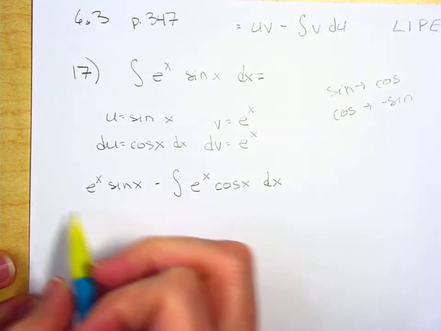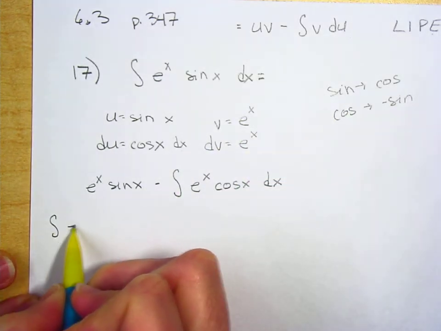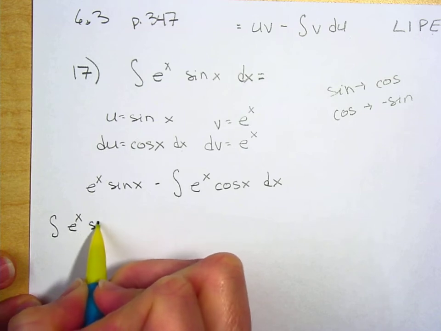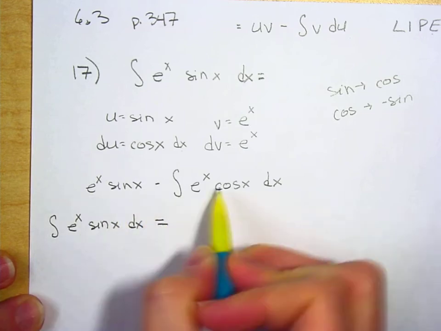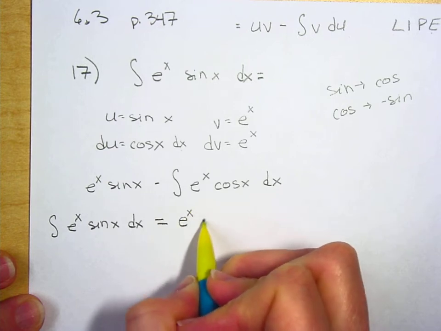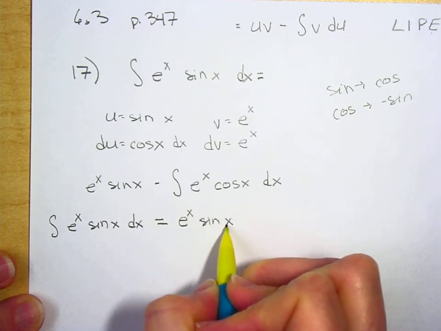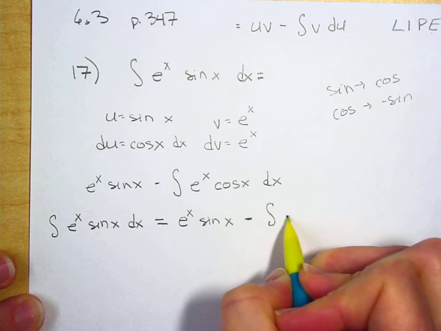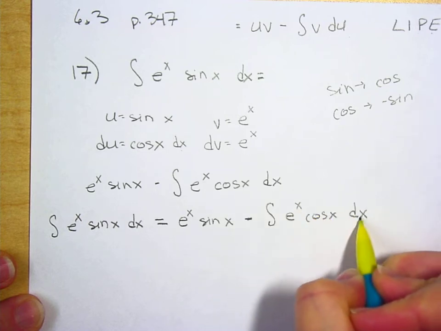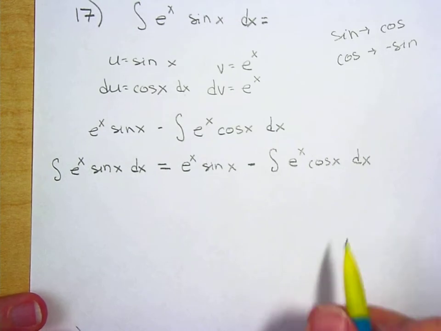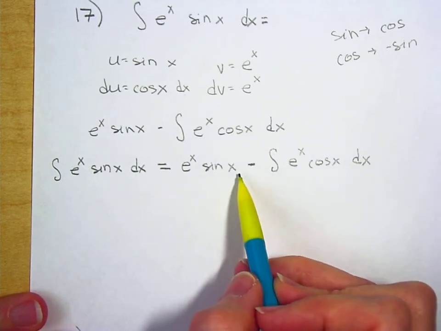So I'm going to say this is what we started with, and this is where I'm at, equals all of this. Okay? All right, so this stays. This is part of my answer.